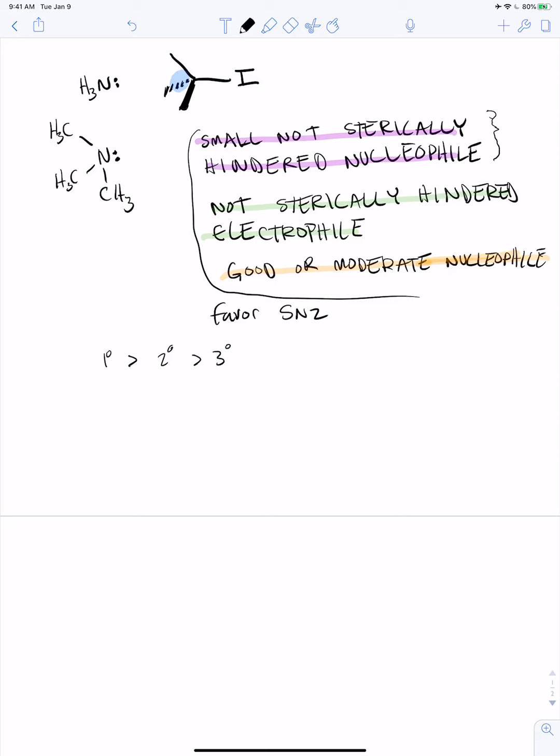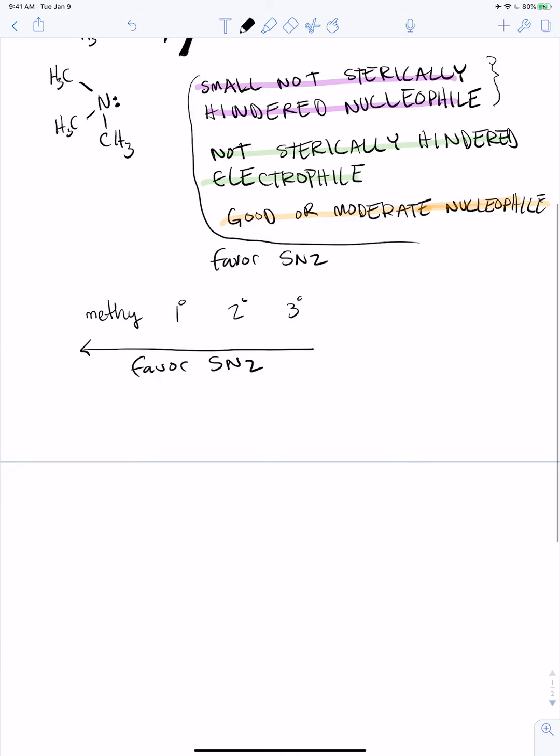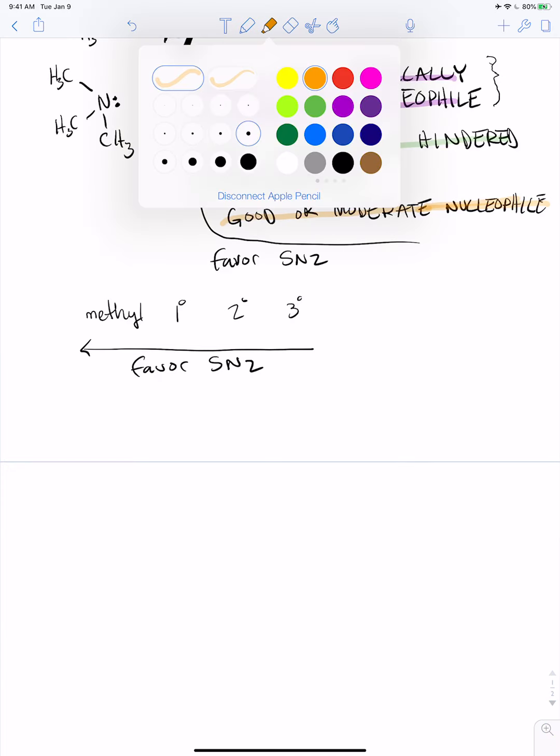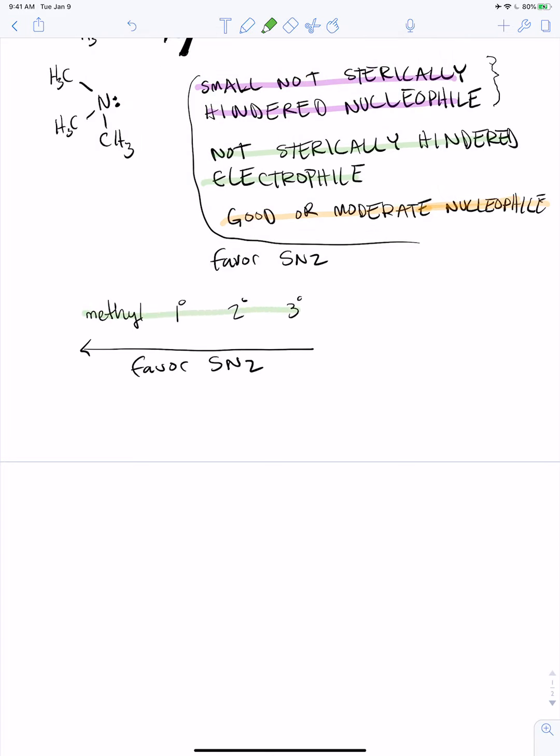Actually, let me draw that out differently. So we'll even say methyl, primary, secondary, tertiary. So these favor SN2 going in that direction, right? This is when we're talking about the electrophile. So try and stick with the same colors here. So if we're looking at the electrophile, this is sort of our situation.